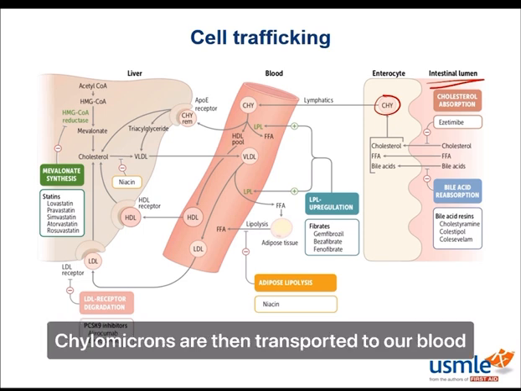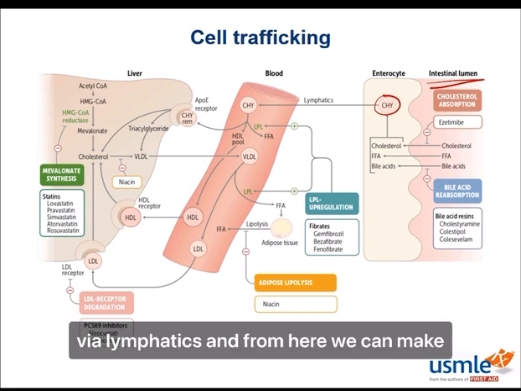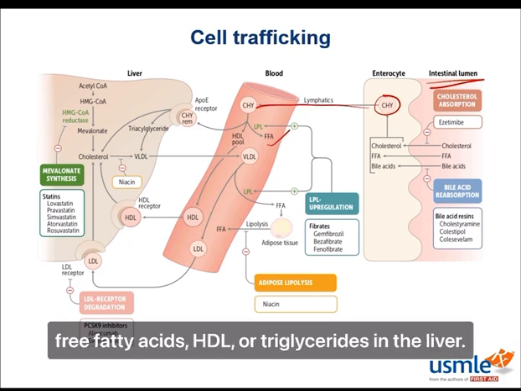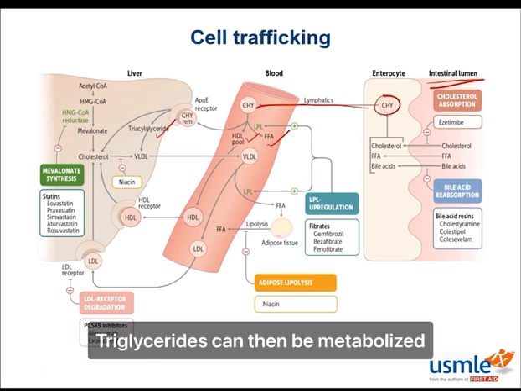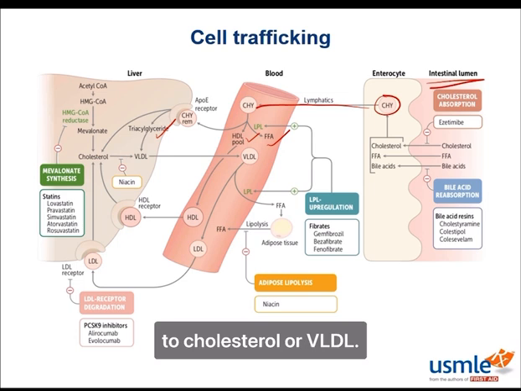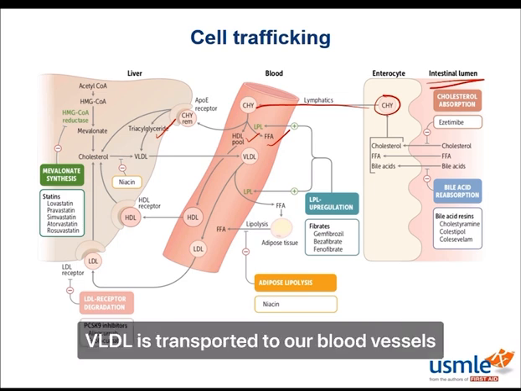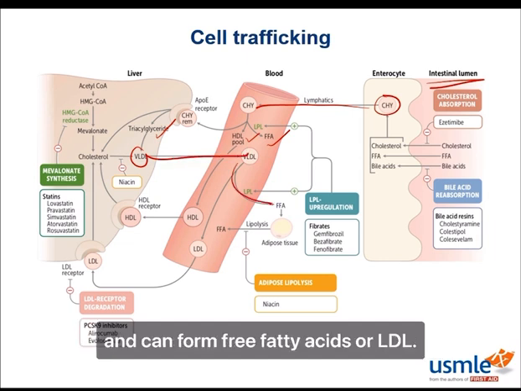Chylomicrons are then transported to our blood via lymphatics, and from here we can make free fatty acids, HDL, or triglycerides in the liver. Triglycerides can then be metabolized to cholesterol or VLDL. VLDL is transported to our blood vessels and can form free fatty acids or LDL.